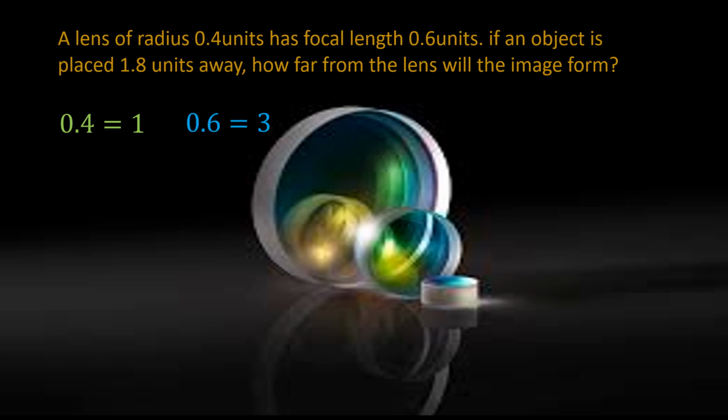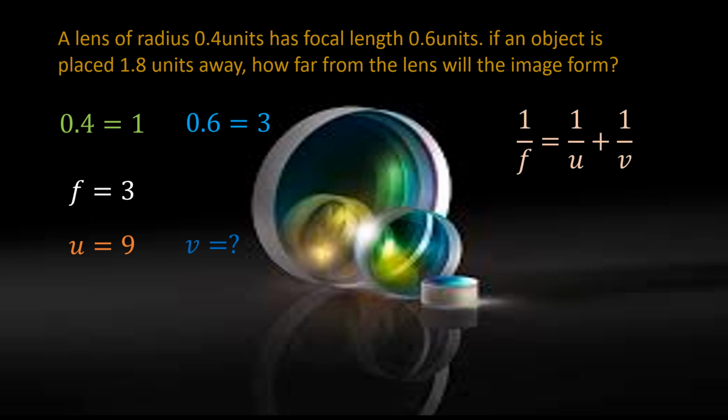Our object position is 3 times greater than our focal length. So, on our new scale, the object position should also be 3 times greater. And this gives 9, which is 3.3. So, f is equal to 3, and u is equal to 9. And we have to find v.